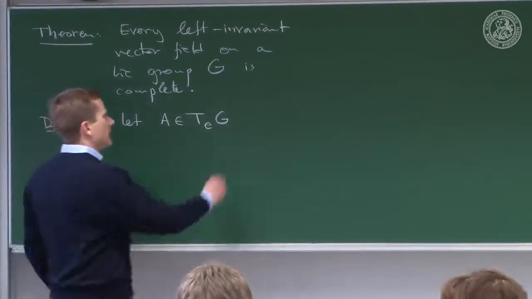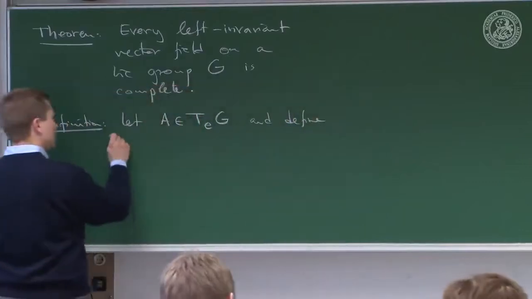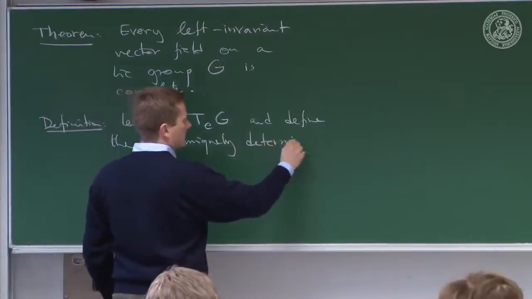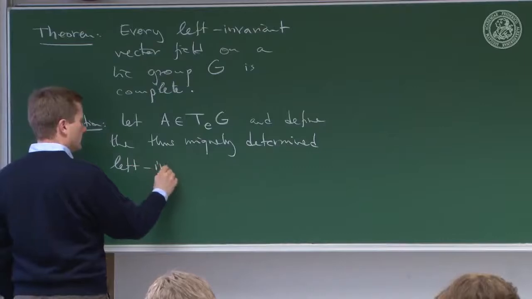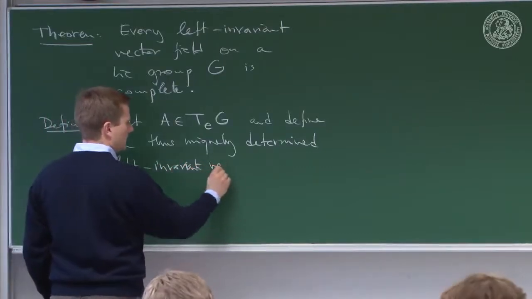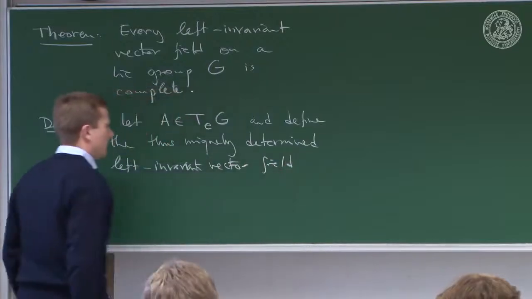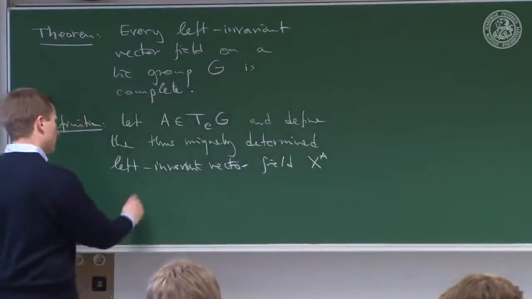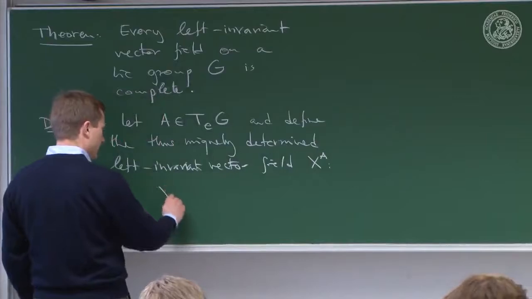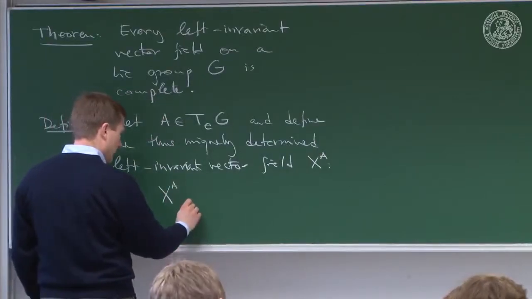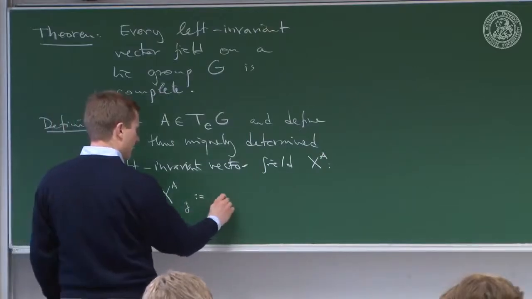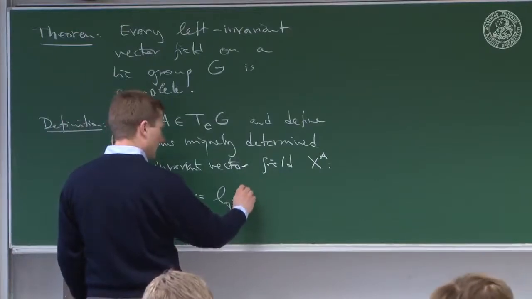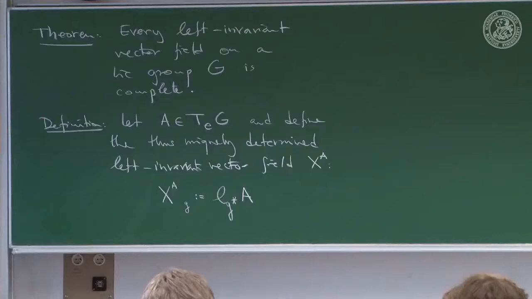Okay, let's take this and define the thus uniquely determined left invariant vector field, how shall we call this, X_A. Well, how was X_A defined? X_A was defined such that at the point g of the manifold, it was given by the push forward of the left translations acting on the element A that lives in the tangent space at the identity.